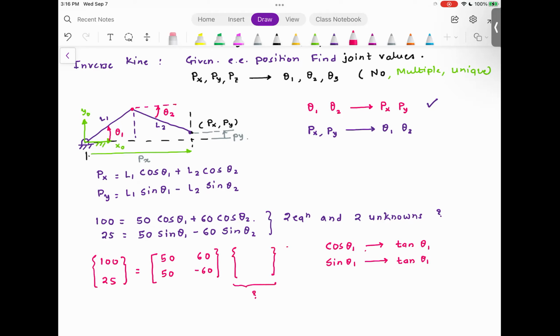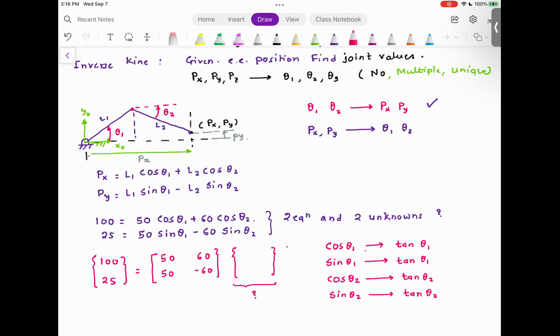Same thing is going to happen with cosine theta 2. That will get converted into some algebraic equation involving tan theta 2. Sine theta 2 gets converted into some algebraic equation involving tan theta 2.